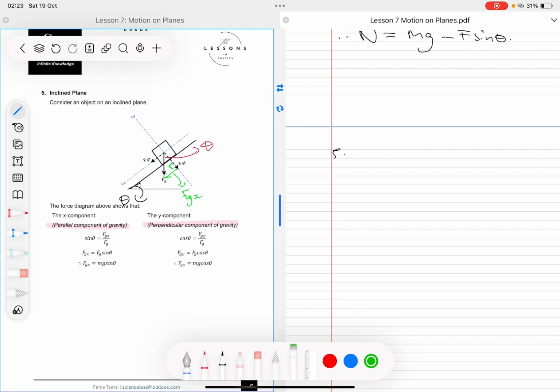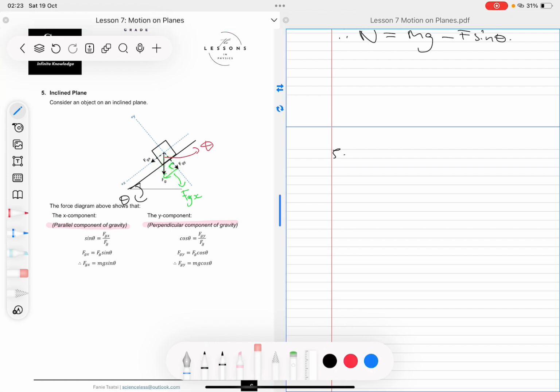Now what we have done here is that we have a right angle triangle, right, and we have the angle theta. That means we are able to now find these two components, right? If I were to look at the x component, you will notice here that the angle is sitting here. This will be opposite over the hypotenuse, right? So what I'm saying is that this will be the sine of theta.